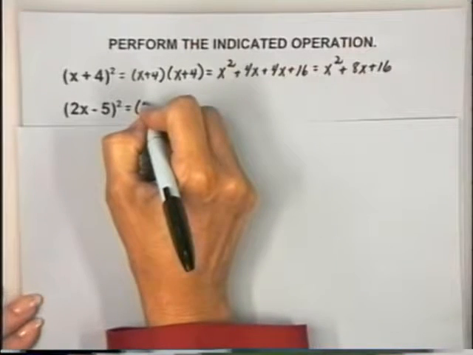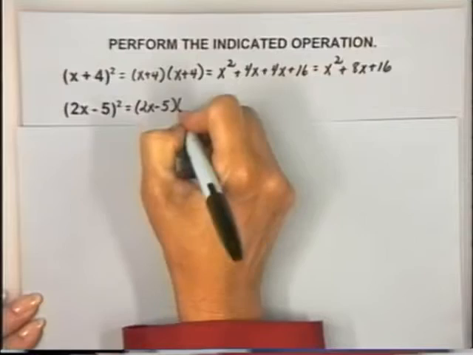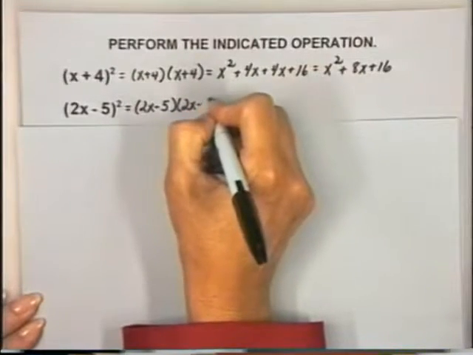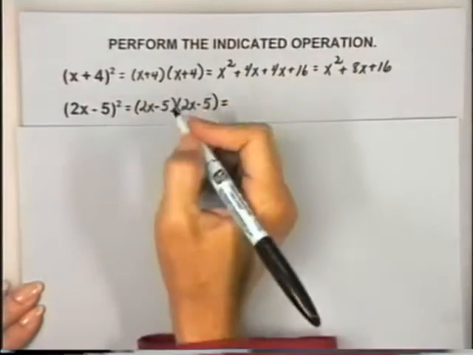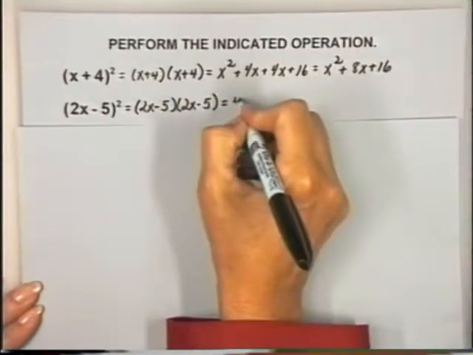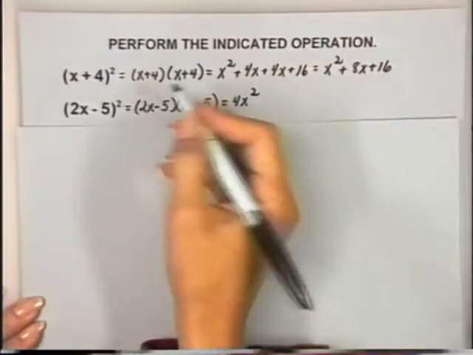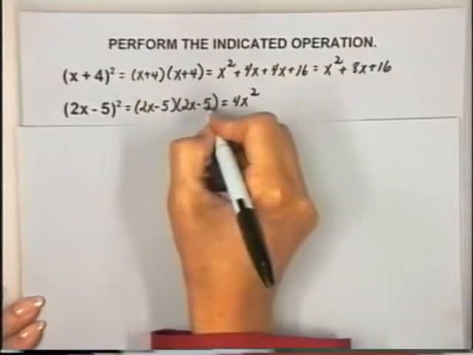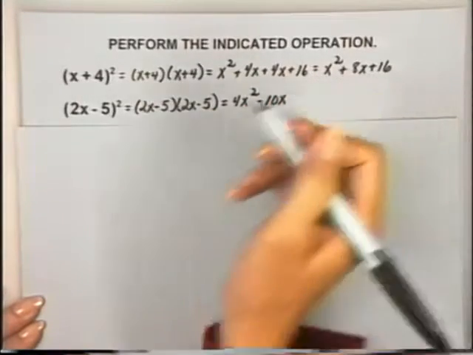2x minus 5 squared means 2x minus 5 times 2x minus 5. Using the FOIL method, multiplying first terms, we will say 2x times 2x and get 4x squared. Multiplying outer terms, we will say 2x times negative 5 and get negative 10x.